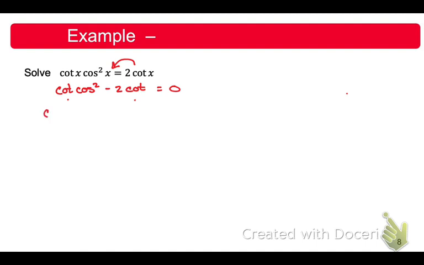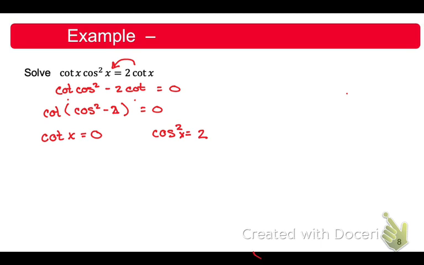So I can factor out a cotangent, and then I'm left with cosine squared minus 2 equals 0. So now at this point, can I set both of those things equal to 0? Yeah. So I have cotangent of x equals 0, and cosine squared of x equals 2, correct? I forgot my x.